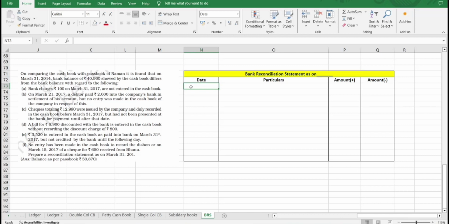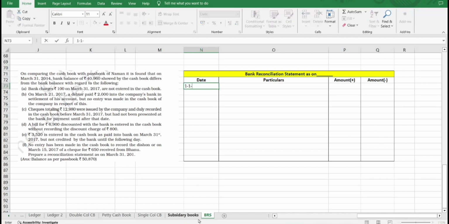So here it has not been clearly given, but when we read out the question, we can understand that the balance of cash book is given and we have to rectify and find out the balance as per passbook.